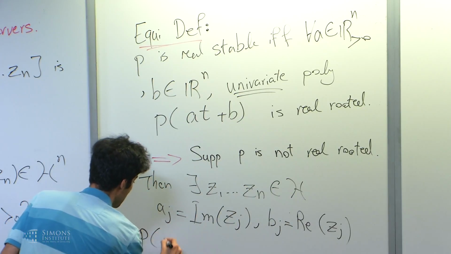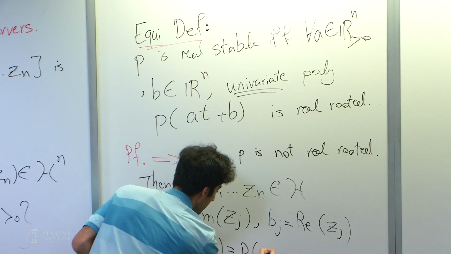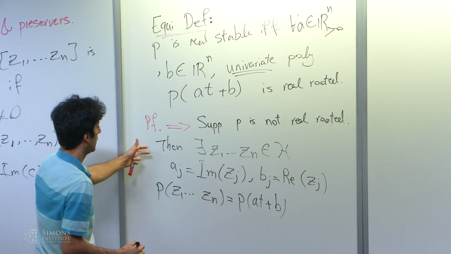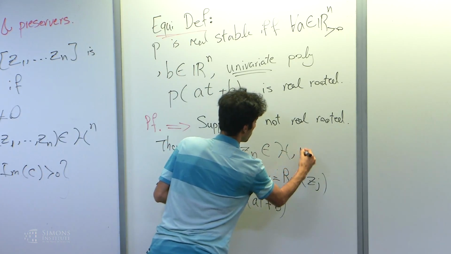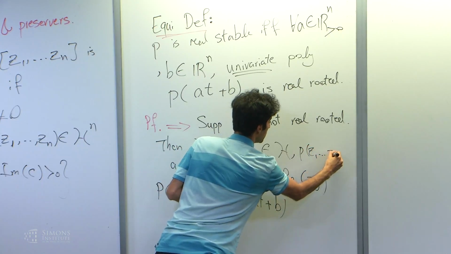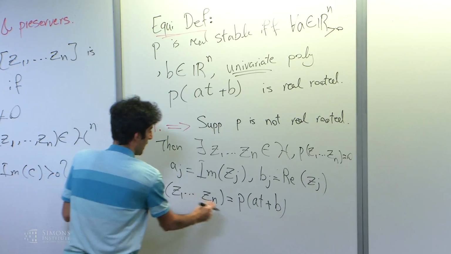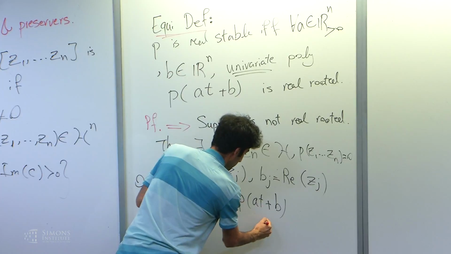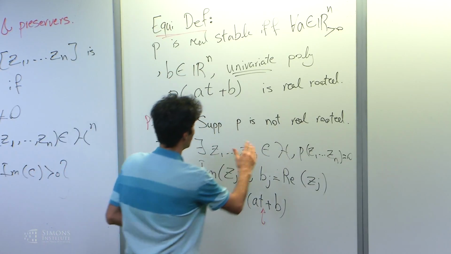Now you can easily see that P of z1 up to zn is equal to P of at plus b. So there exists z1 up to zn such that P of z1 up to zn is 0. So z1 up to zn is a root of P. Oh yeah, you're right.